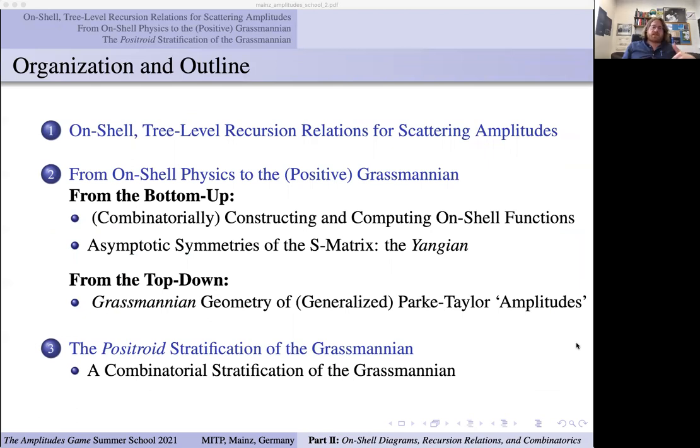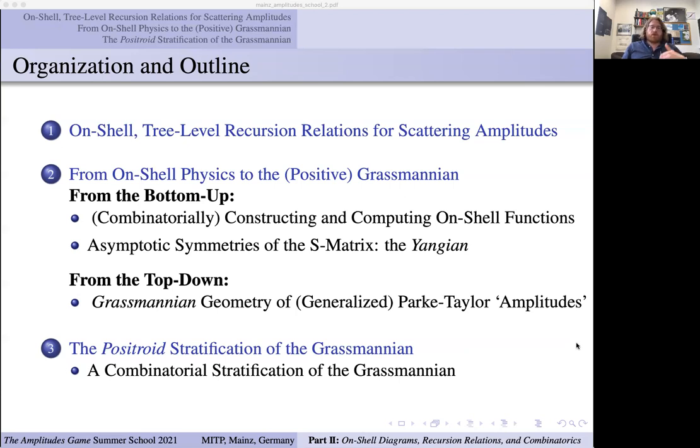So our picture, I'm going to start today's lecture actually by reviewing something we saw last time. And then we're going to discuss this web of dualities in a few different ways. We're going to go from these connections between the Grassmannian and these on-shell diagrams. We'll start by just thinking about the combinatorics, and then we'll flip it on its head, and we'll start from the geometry side, and we'll understand another road to this connection in the Grassmannian.